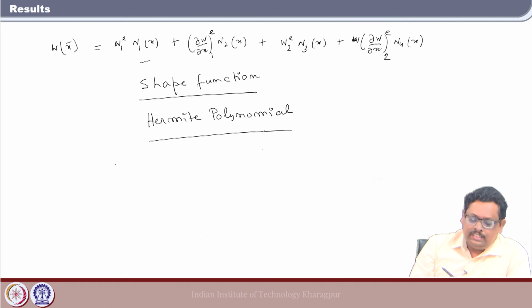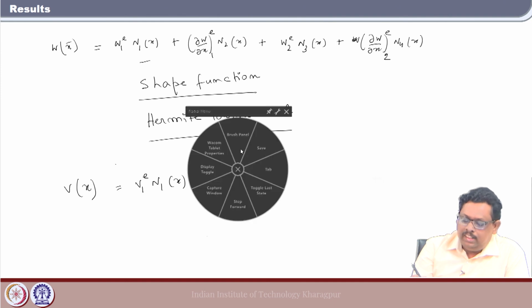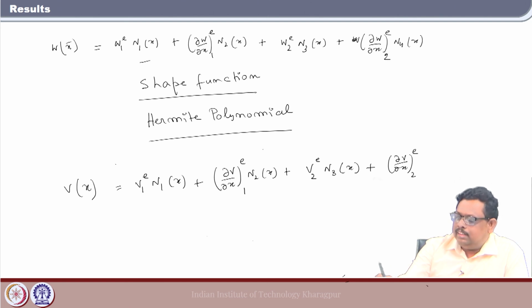And similarly, I can write for V x also in this form: V 1 e into n 1 x plus del v by del x for node 1 of element e, which is then n 2 x, plus V 2 for element e into n 3 x plus del v by del x for element e, the second node, into n 4 x.